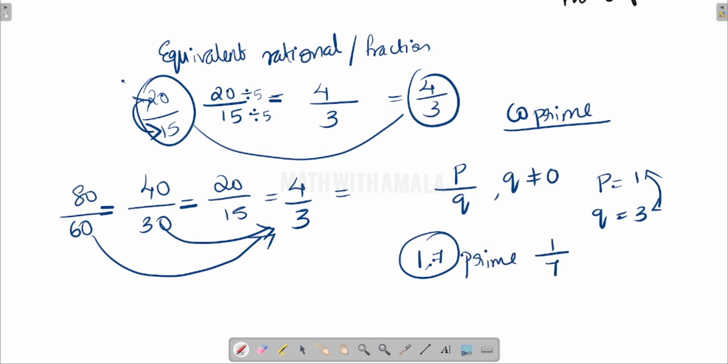When we write them in the fractional or rational form, in 1 by 7, 1 and 7 are coprime. In 1 by 3, 1 and 3 are coprime. In 4 by 3, 4 and 3 are coprime. Then 21 by 19. Is there any common factor in between? Nothing other than 1. So you can say 21 and 19 are coprime.